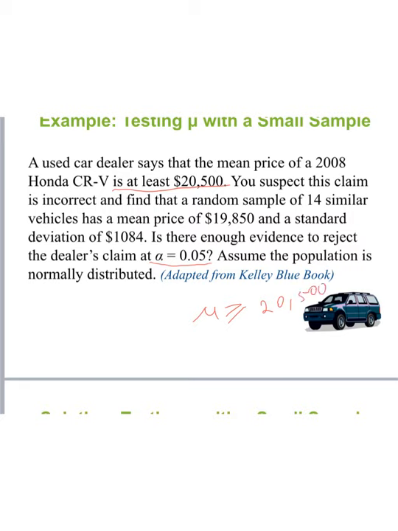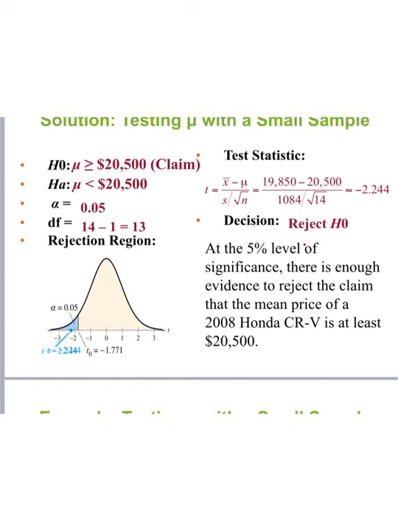It's at least 20,000 or more. Mean is greater than or equal to 20,000. So once you do, that's the claim. So you set up that first component right here, and then the alternative component, and this tells you it's going to be a left tail test.